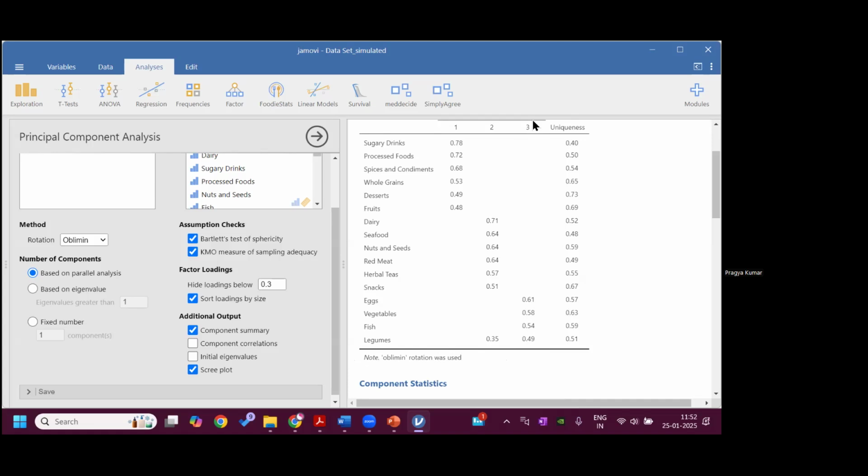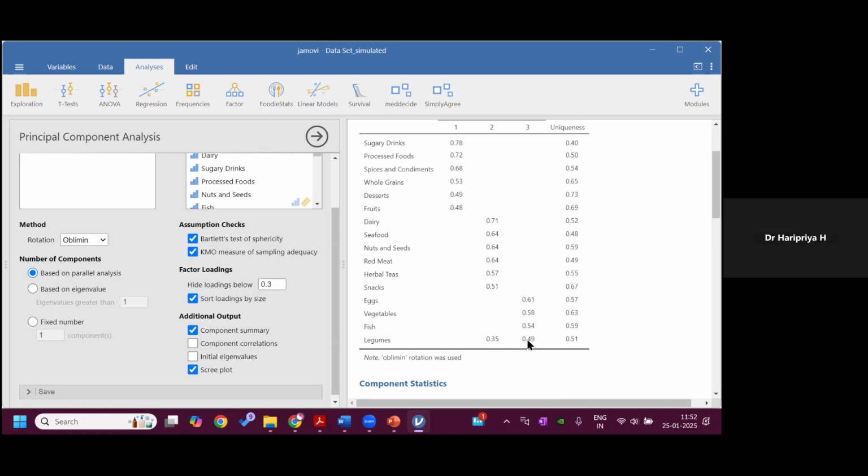Cross loading is when a particular item is loaded on two components. If the difference between the two loadings is more than 0.2, you consider that item on the component which has the higher loading. But if the difference is less than 0.2, it is better to drop it because it is not clearly loaded on any component. Am I making myself clear to all of you?